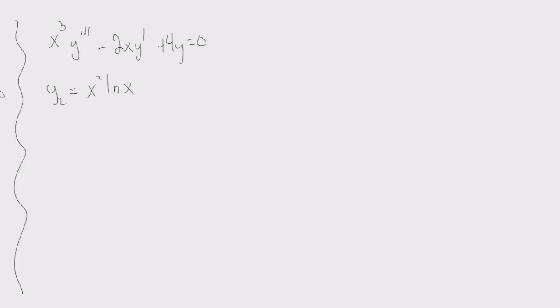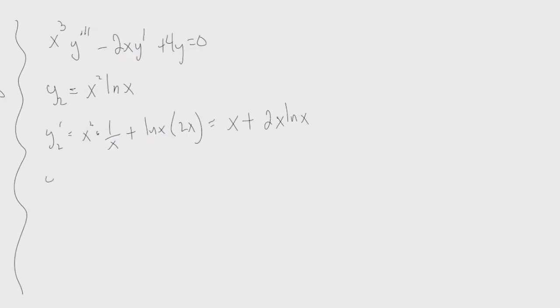All right, so let's check the second one. We want the first derivative, which is x squared times 1 over x plus ln of x times 2x. I think that's worth taking a second to simplify. So that's x plus 2x ln of x.